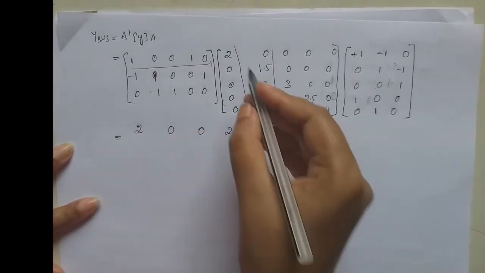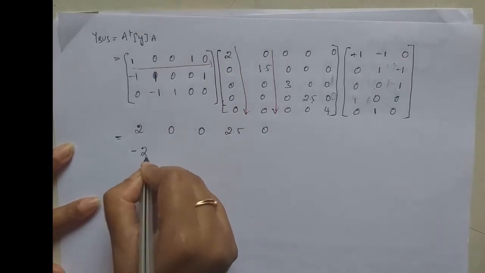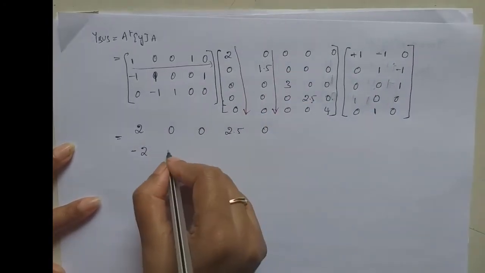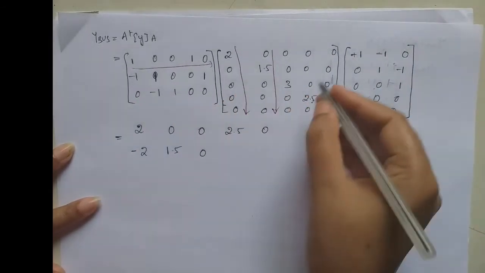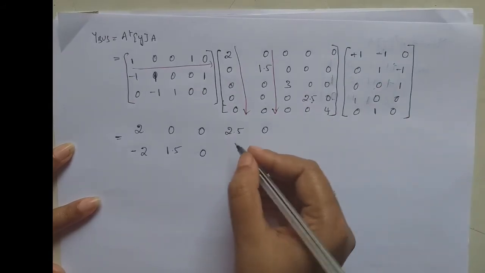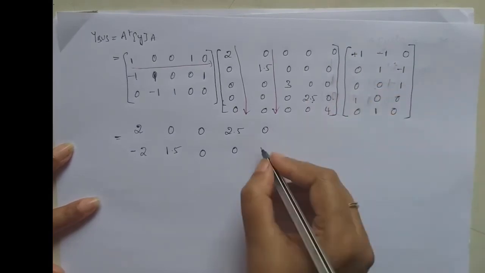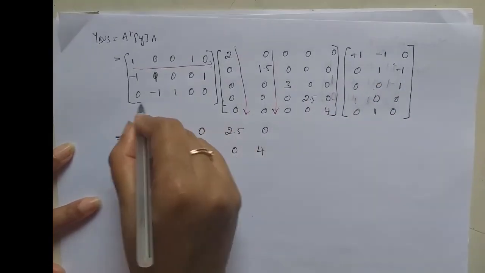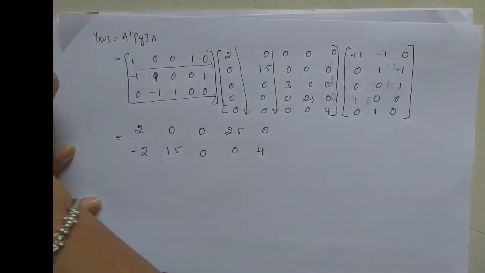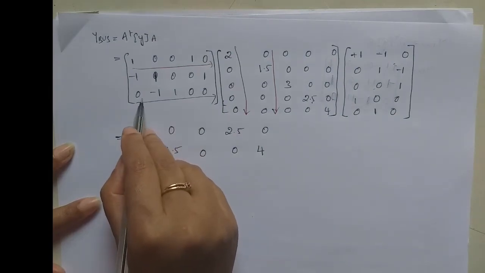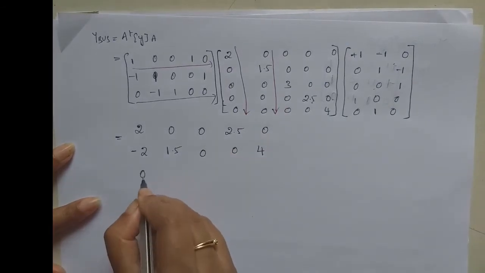Second row first column, it is minus 2. Second row second column, it is 1.5. Second row third column, it is 0. Second row fourth column, on multiplying it would be 0. Second row fifth column, on multiplying it would be plus 4. Similarly, third row and first column, it would be 0.